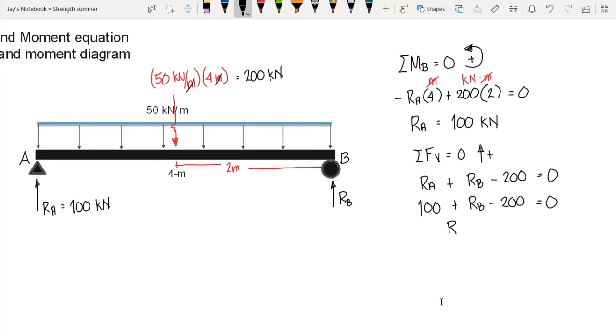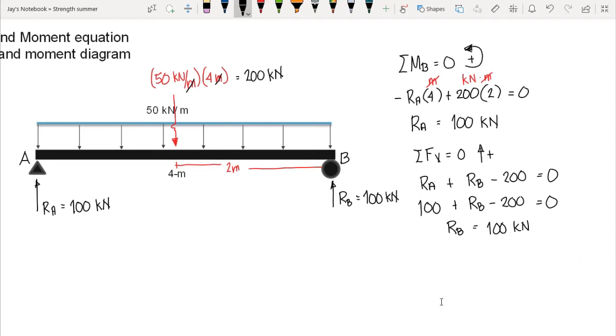So we have RB equal to 100 kilonewton. So they have the same value of reaction, since we know that our beam is symmetrical, and our load is symmetrical as well, so we have the same value of the reactions.